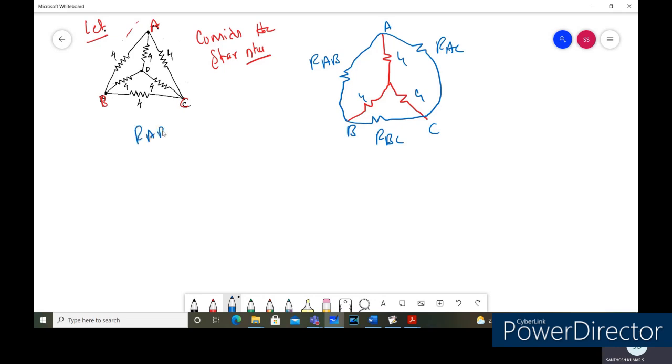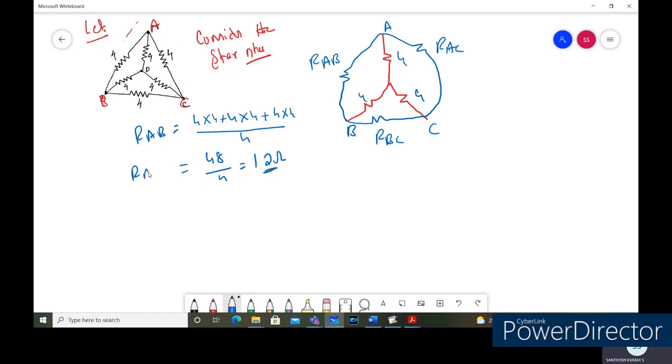RAB is the sum of the products taken two at a time, 4 into 4 plus 4 into 4 plus 4 into 4, divided by the opposite resistance, which is 4. So this is 16 plus 16 plus 16, which is 48 divided by 4, and that equals 12 ohms.